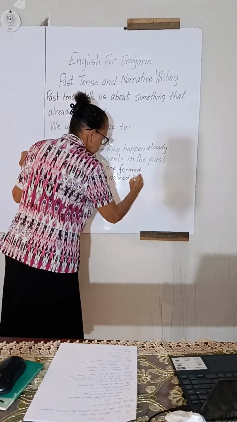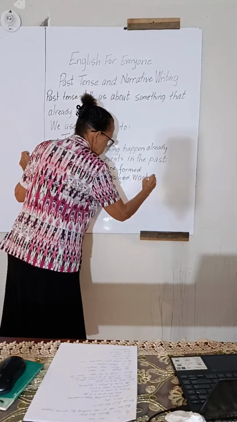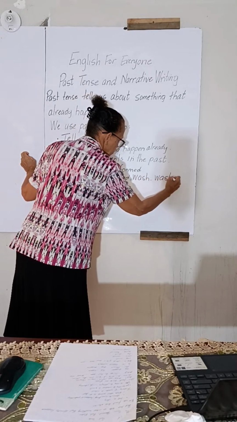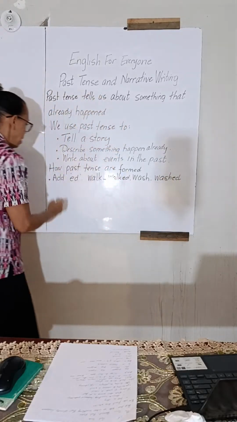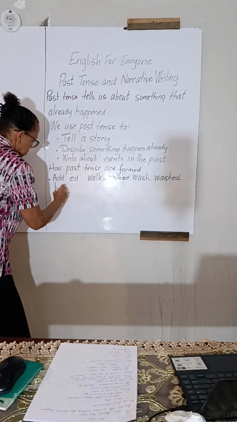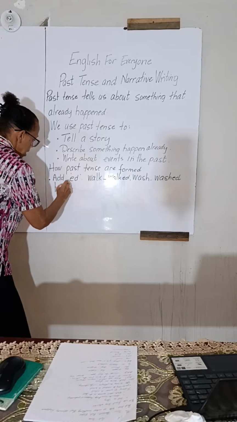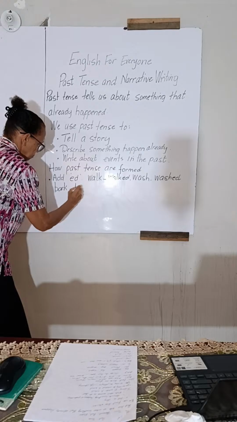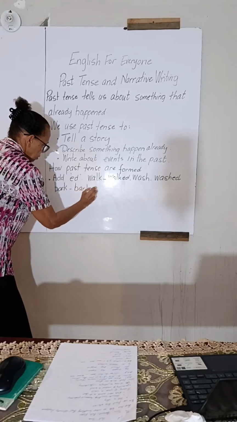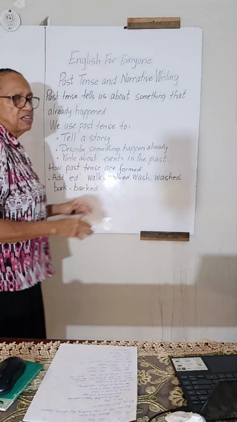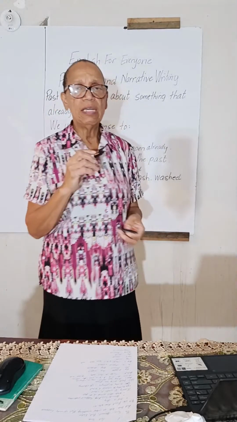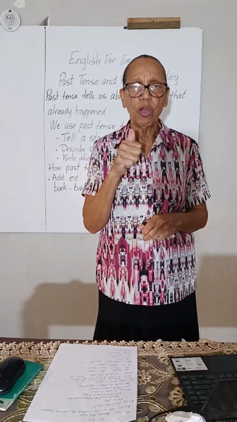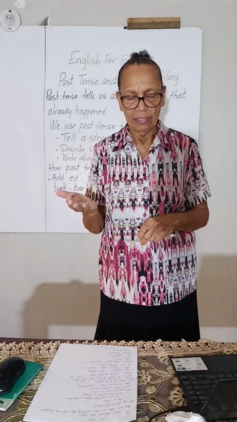Wash, past tense, washed. The dog barks today, but barked in the past. Ed. So whenever you see a word with ed at the end like that, it means the action was done in the past.